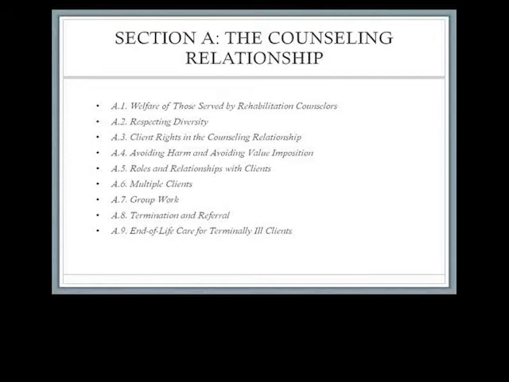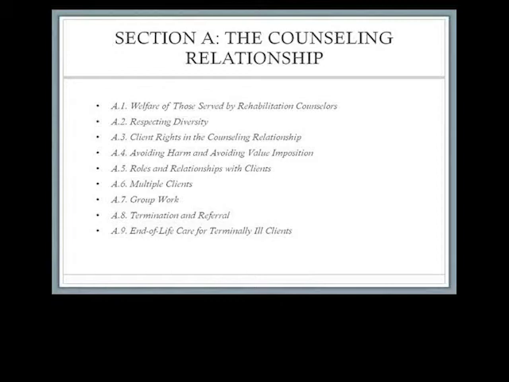Section A covers 9 areas, and we will be looking at these. The last one there is particularly new to this code. It's an issue that was not identified in a section in the previous versions of the Code of Ethics: End of Life Care for Terminally Ill Clients. So I wanted to talk about that one.